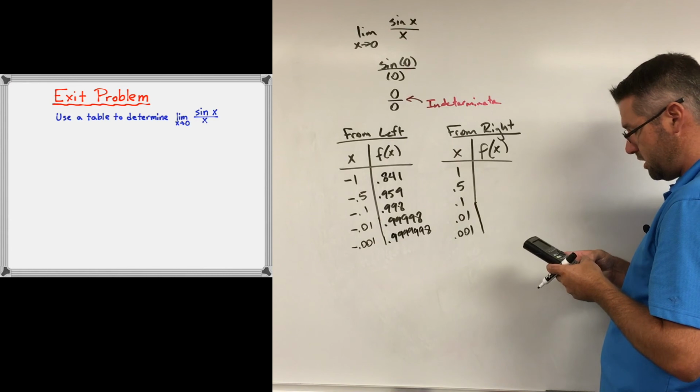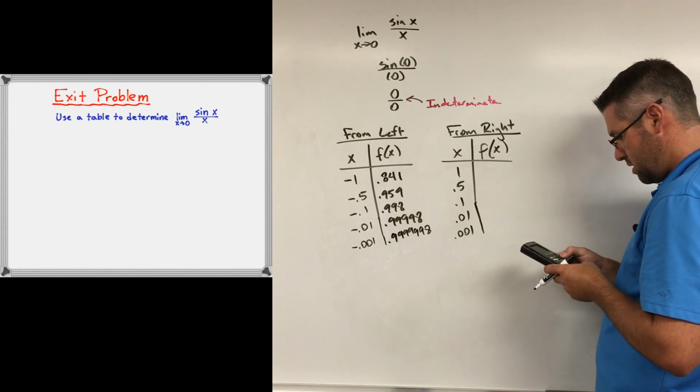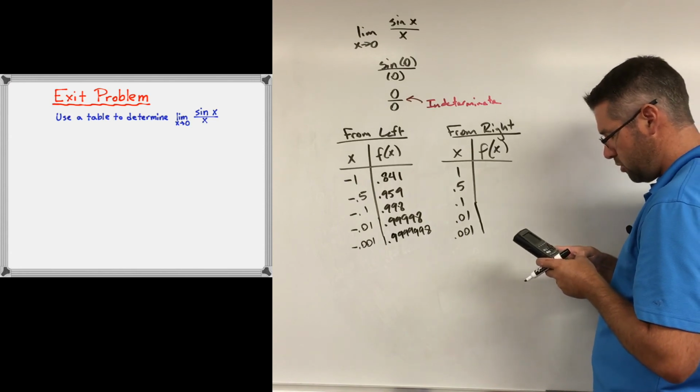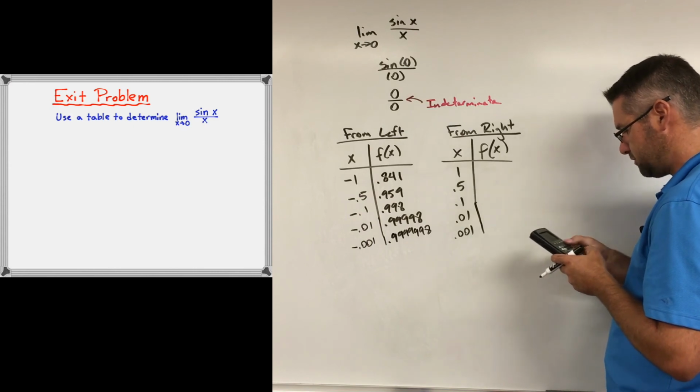Then we do the same thing on the other side. So we're going to plug in 1 and 0.5 and 0.1 and 0.01 and 0.001.